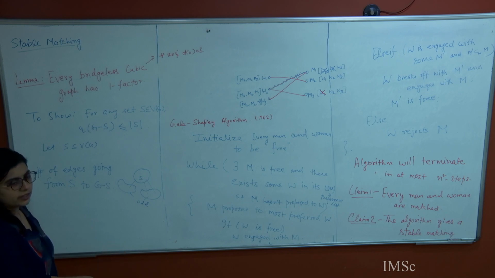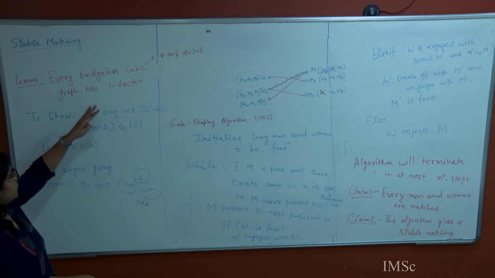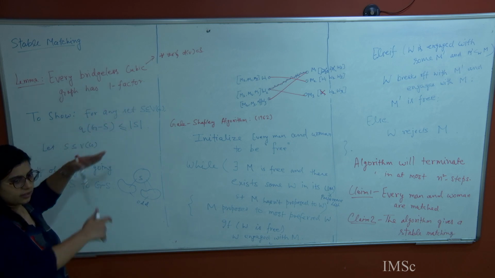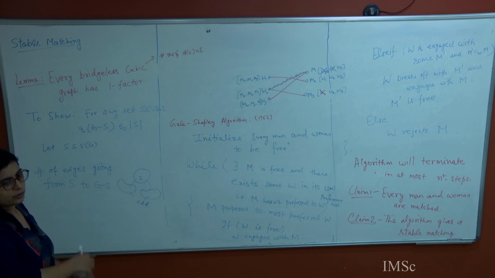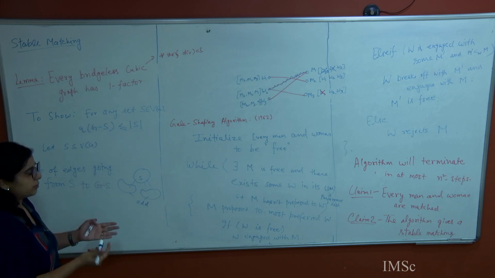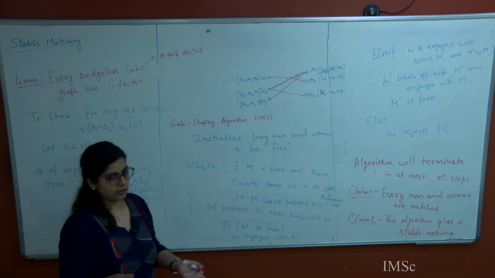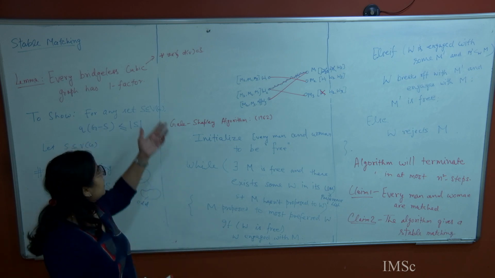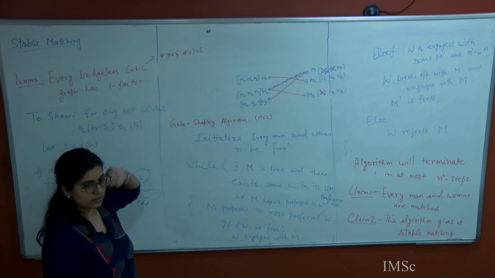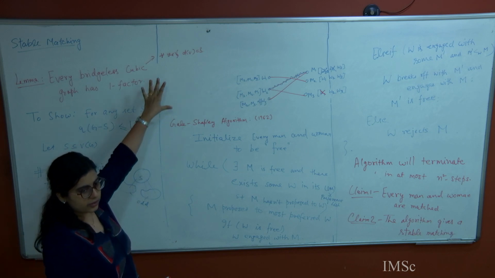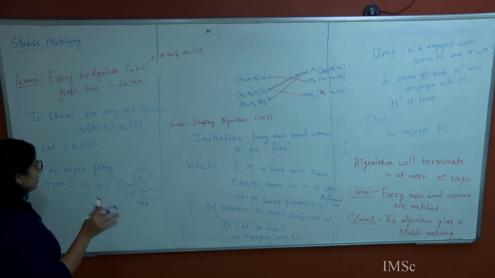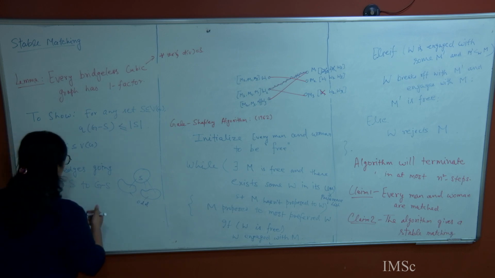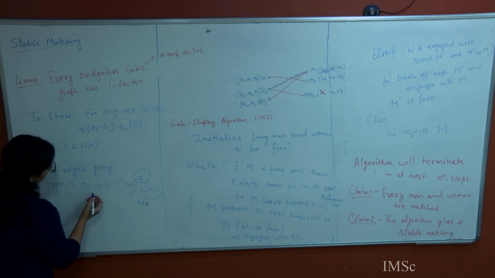We may assume that it is connected, because to have a one factor, for every connected component we need to find a one factor. So the problem again comes down to every connected component having a one factor, and that is also cubic and bridgeless, right. So that also satisfies bridgeless and cubic, and again we want to look at a one factor. So let us assume that this is connected.